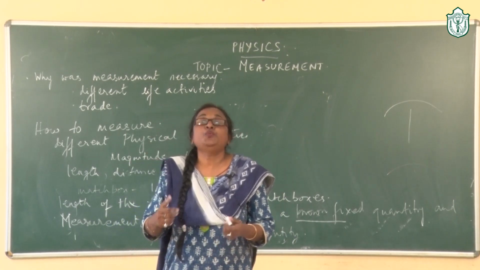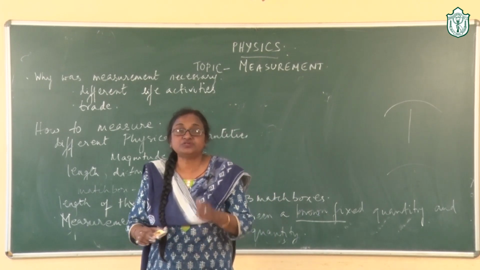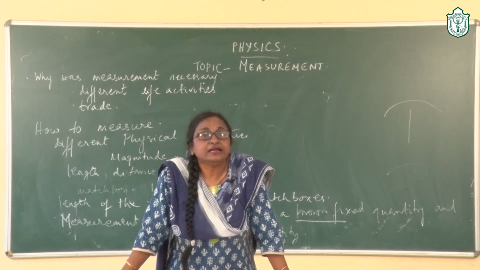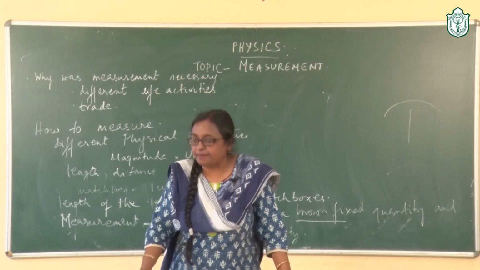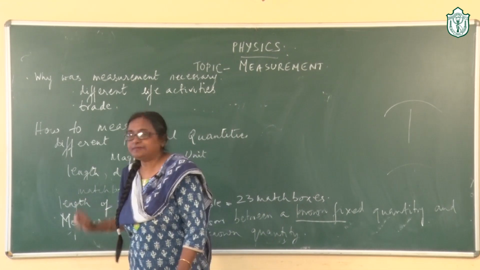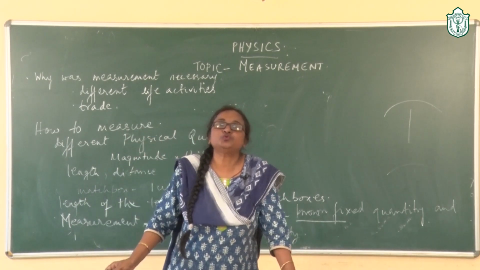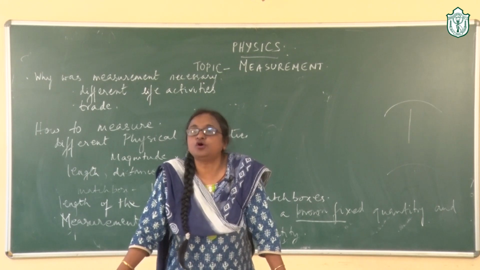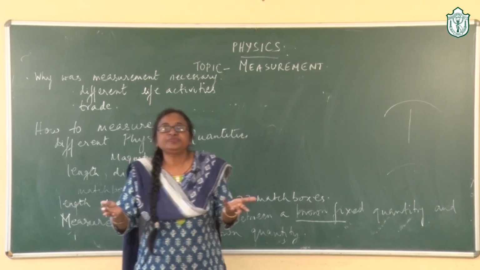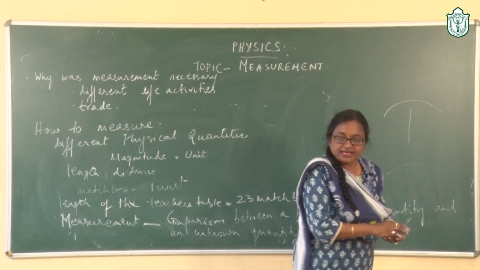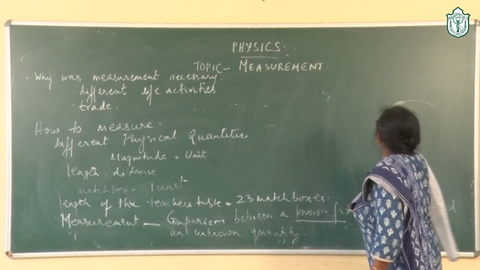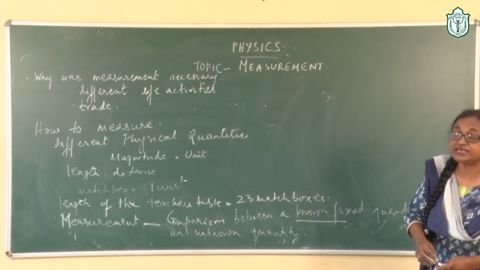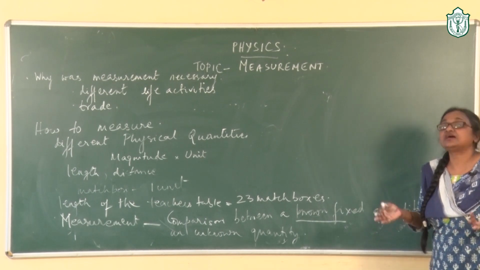Now, when we are talking about another physical quantity, for example, this is one. When you go to a grocer to buy sugar or flour, what does he do? He uses his balance. Of course, these days mostly balances are electronic ones.